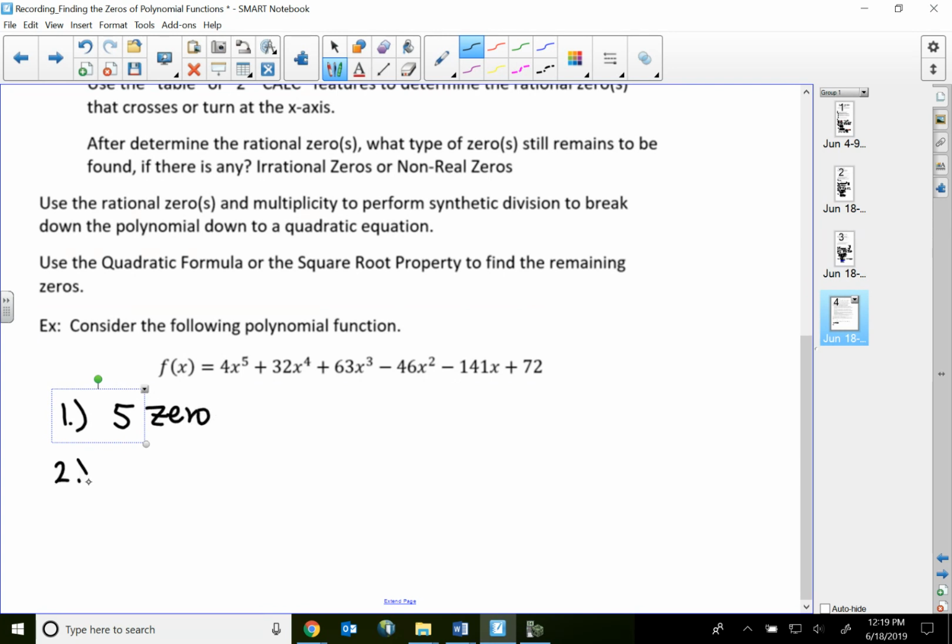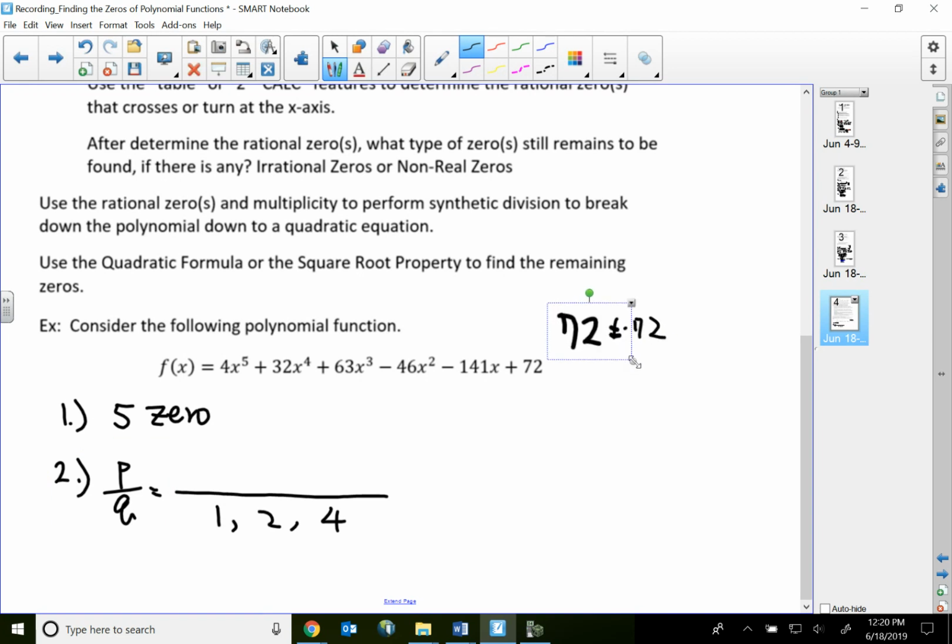All right, number 2, let's do the P over Q thing, 72. 4 is 1 times 4 and 2 times 2. All right, 72. 1 times 72. Oops. 2 times 36. 3 times 24.